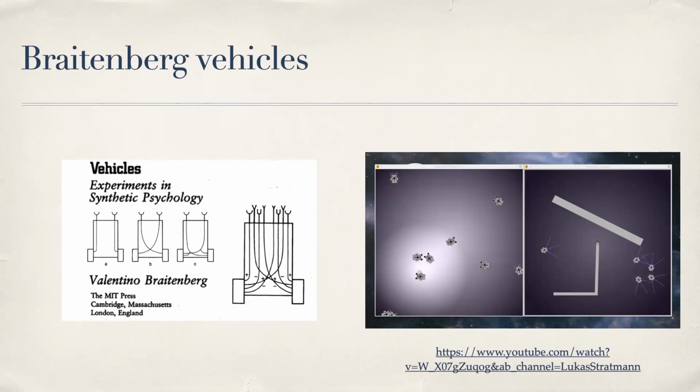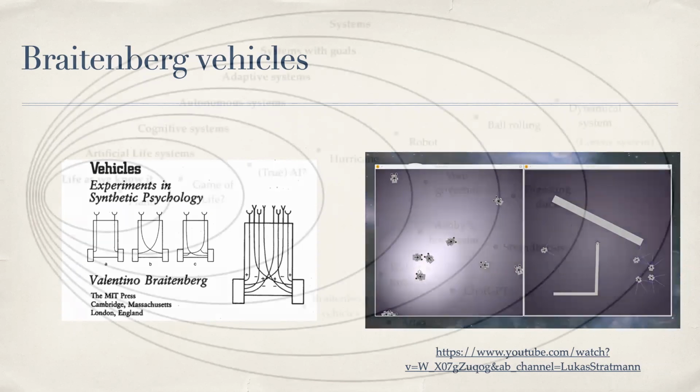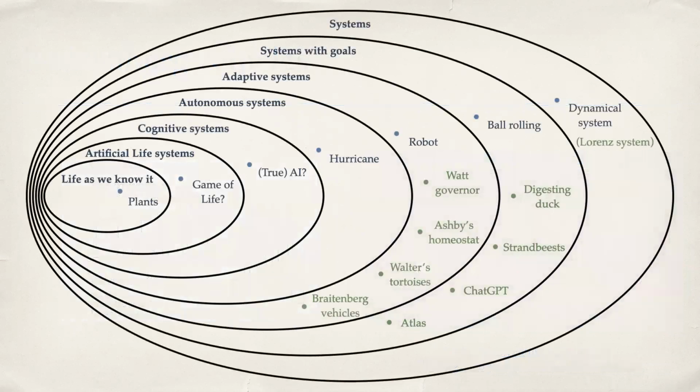Again, simple adaptations: you can push it out of the trajectory and it will still go towards the light or still go away from the light. Clearly, you can apply perturbations that are not so good. You can remove the wires. That's not good, but it can adapt to some extent. So, Braitenberg vehicles: adaptive, non-autonomous.